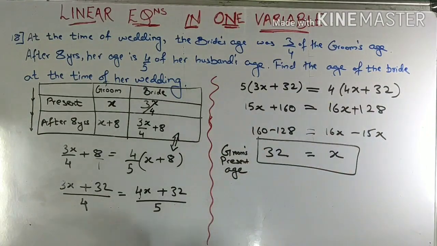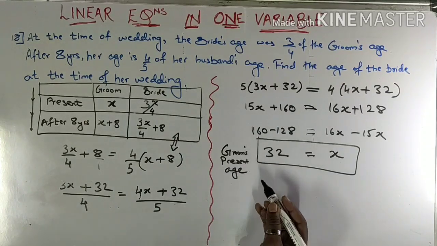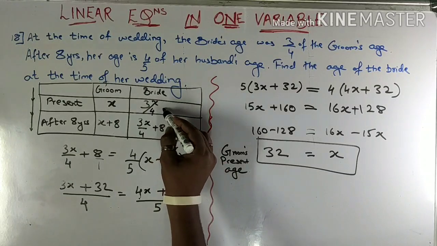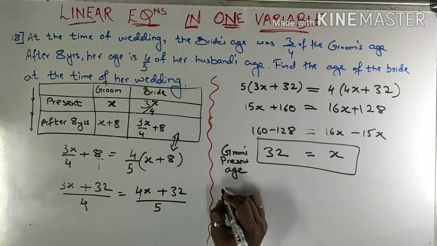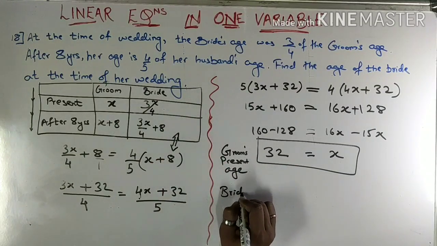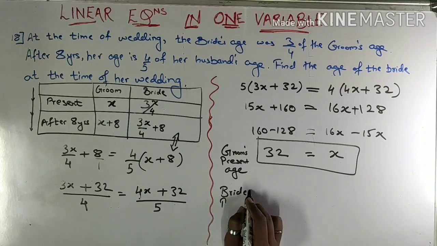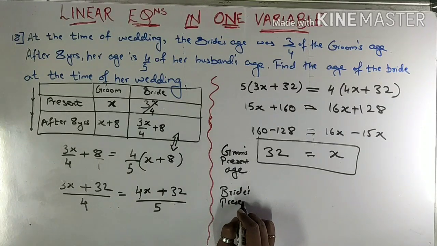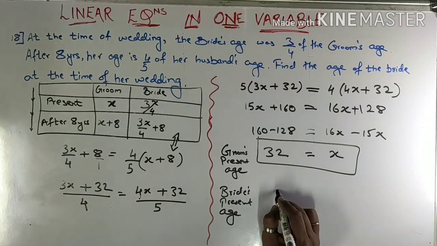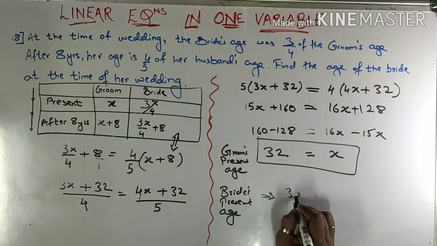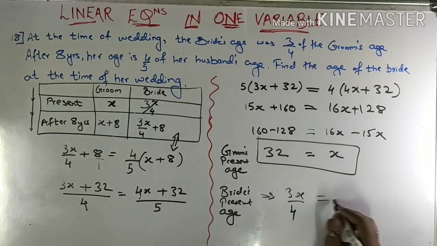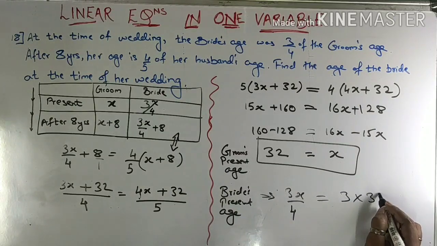We are supposed to find the age of bride at the time of wedding. So bride's age at the time of wedding or present age will be 3 into x by 4, which is nothing but 3 into 32 by 4.